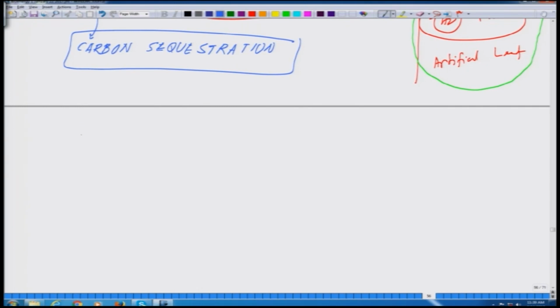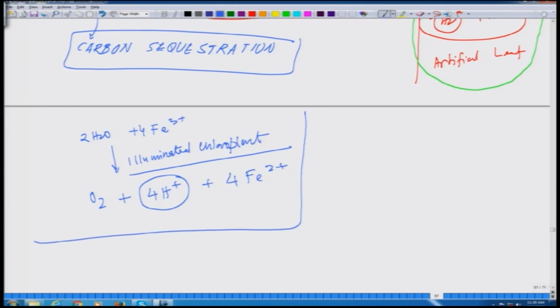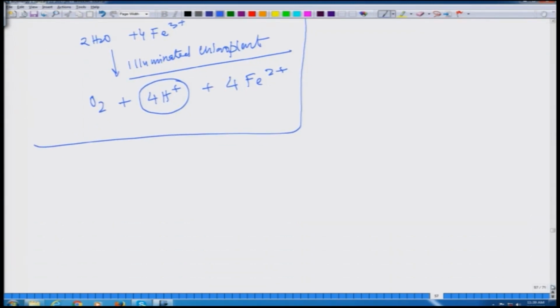So, this is the basic reaction Hill showed us: 2H2O plus the ferricyanide, Fe3+, in the illuminated chloroplast, leading to oxygen plus 4H+, which are the protons, plus 4 Fe2+. So, here is the reduction reaction shown by Hill.